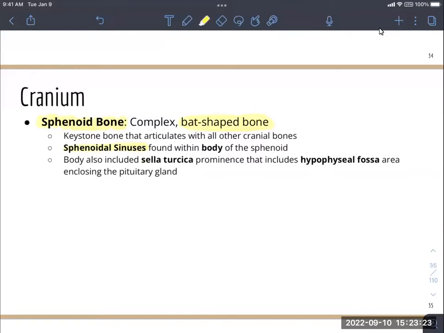We have what is called the sella turcica. The sella turcica actually holds a pretty important part of the brain. It holds some of the glands in the brain. We have a hypophyseal fossa, and that is where the pituitary gland sits.